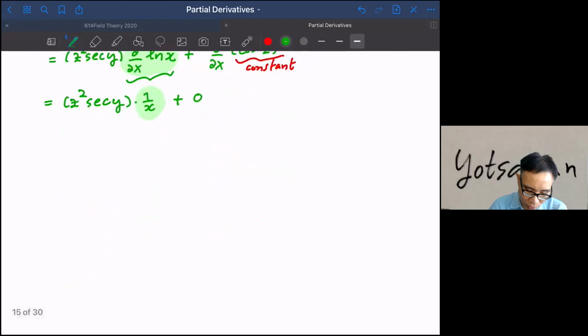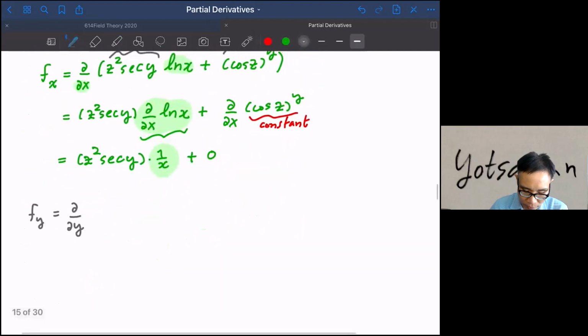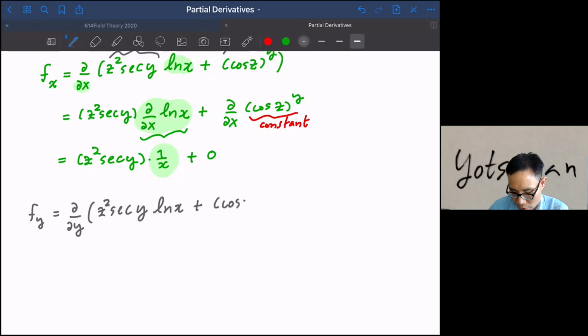The next one is fy. Let's use another color. For fy, it's going to be dy of the same term: z square secant y log x, plus cosine z to the y. For this one, you find the derivative with respect to y, and the thing you differentiate turned out to be 2 terms, since y is up here.